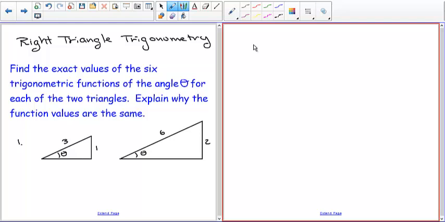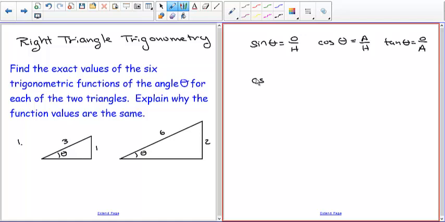So from a right triangle geometry standpoint, we have this information. We have that the sine of theta is the length of the opposite over the hypotenuse. The cosine of the angle is adjacent over hypotenuse. The tangent of theta is the opposite over the adjacent.